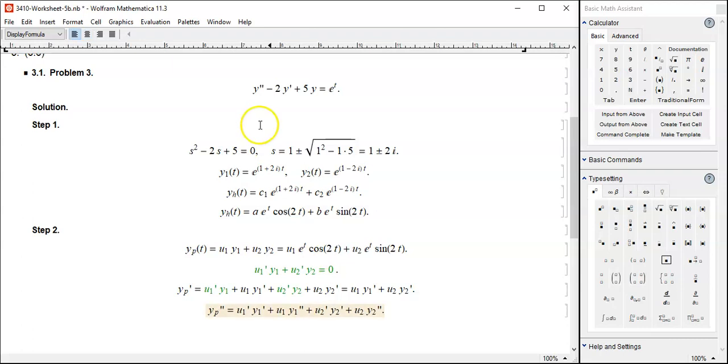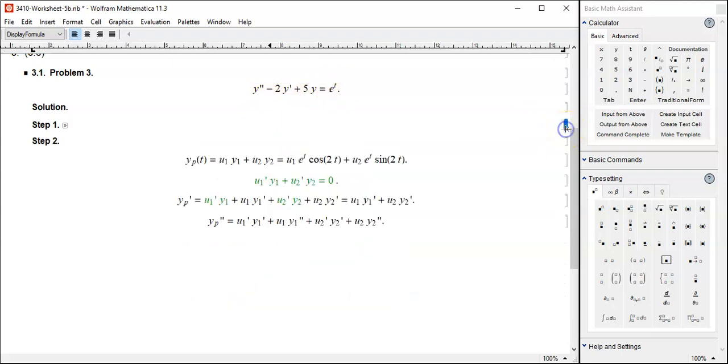So we'll have to plug all those into the original equation. Let's go ahead and do that.